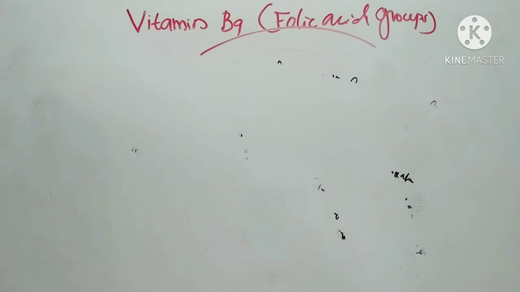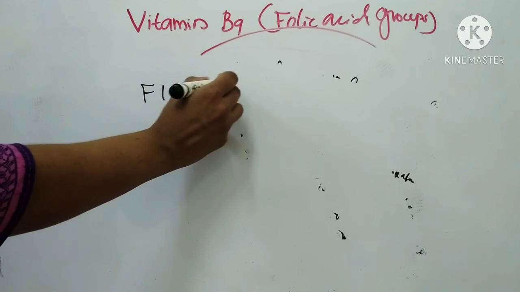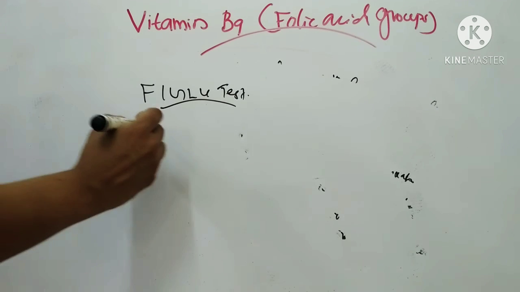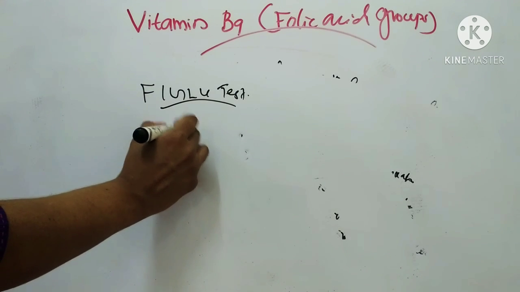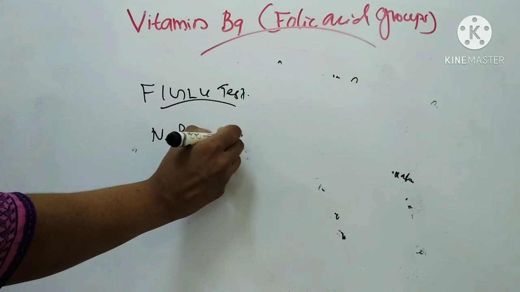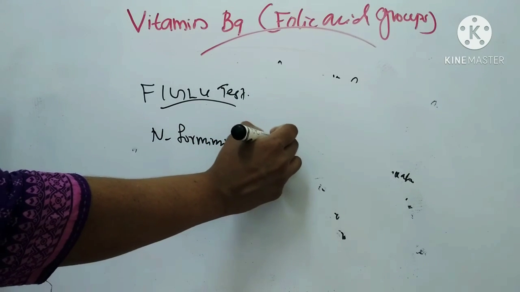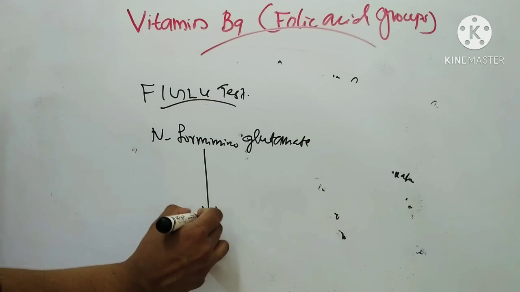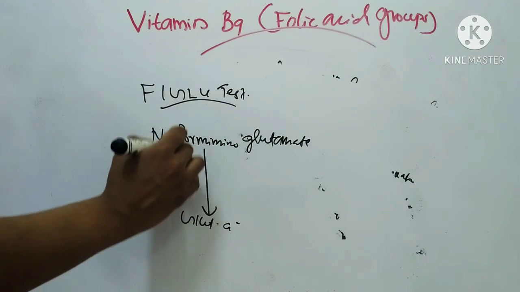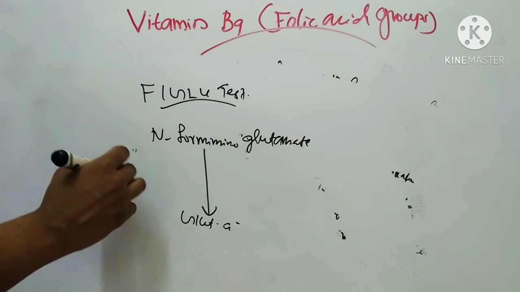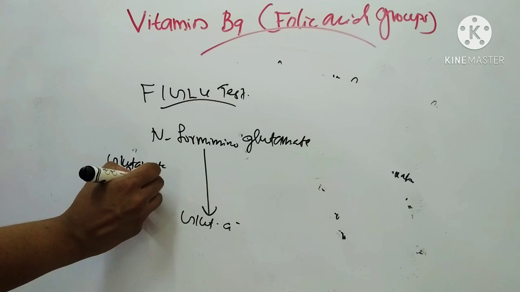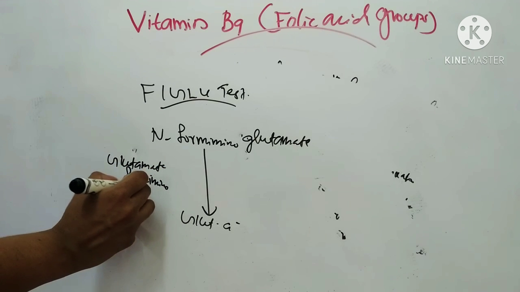So, how will we detect these folate deficiencies? There is a test known as the FIGLU test. This test is used to detect folate deficiency. We will see the reaction. N4-iminoglutamate is converted to glutamic acid by the enzyme glutamate 4-iminotransferase.